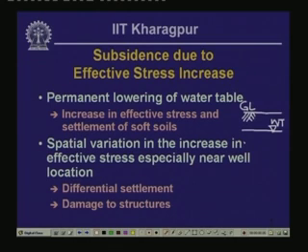If we are considering an element at that depth, then the effective stress within this element is going to be given by the height of soil multiplied by the total unit weight of soil, minus the height of the water table above the elevation of the element, times the unit weight of water.